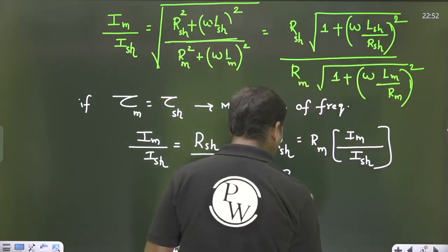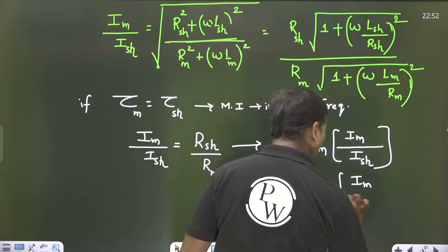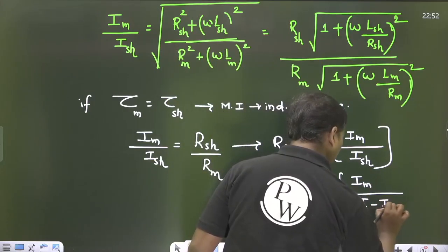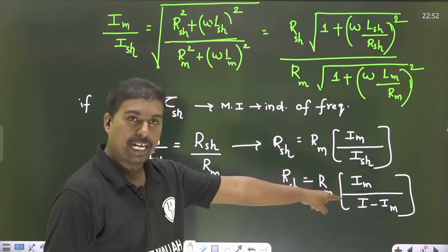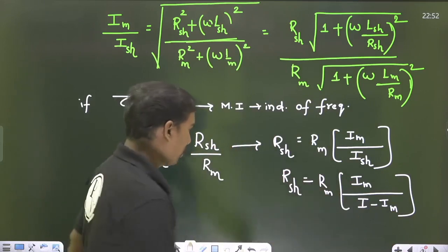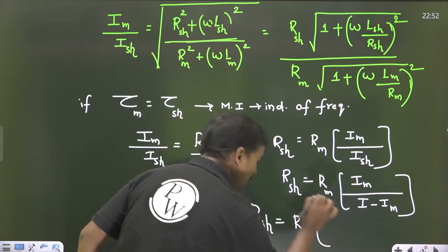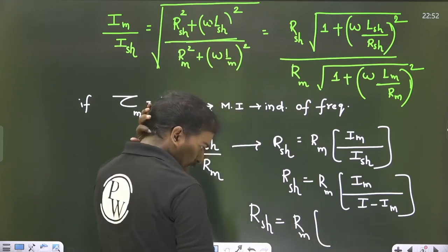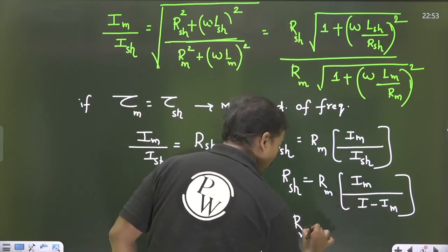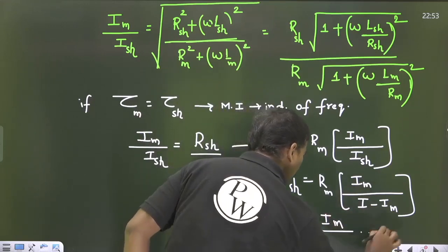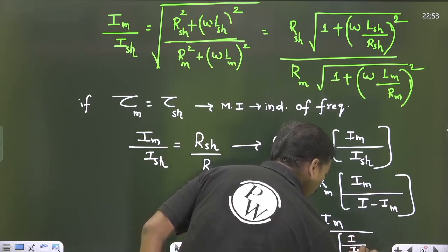So we can take RSH is equal to Rm into Im by I minus Im. If you take Im common, it gets cancelled and I by Im will come. So the same expression of RSH will come: Rm into Im by I minus Im, that is RSH is equal to Rm by (I by Im minus 1).